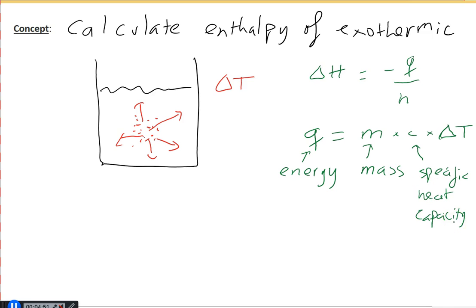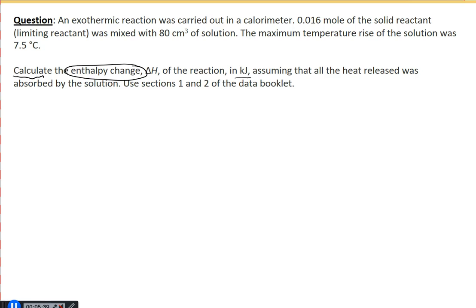Why do we use the specific heat capacity of water? Because the solution is mostly water. And delta T, which we saw earlier, is the change in temperature. Delta is a change.